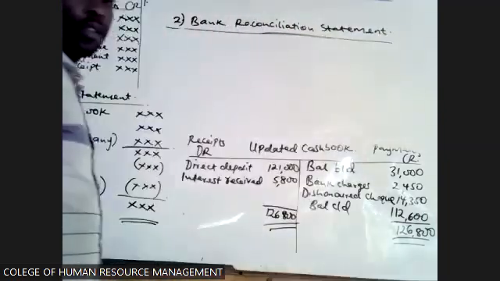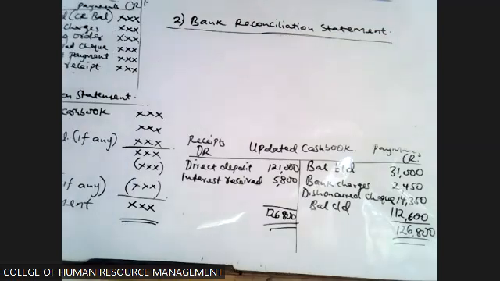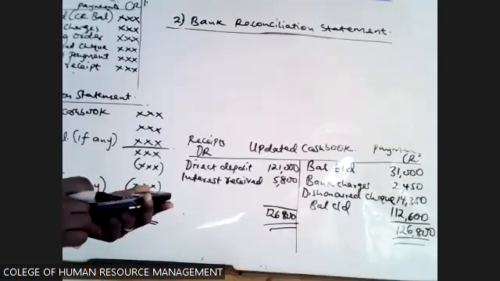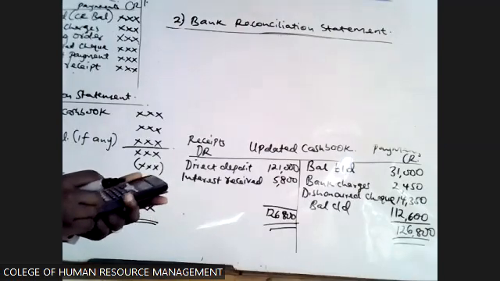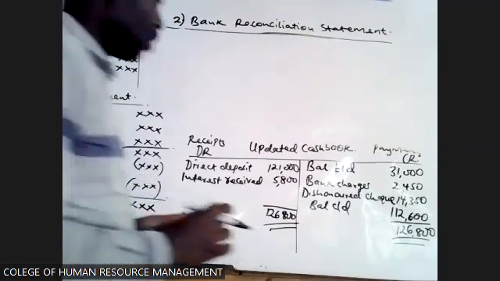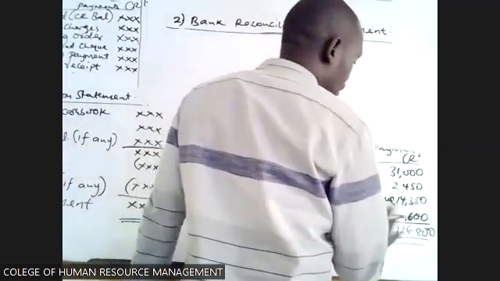Mwalimu, I'm not getting the same 112,600. Yes. I'm getting 79,000. 79. Oh, me too, mwalimu, 79.